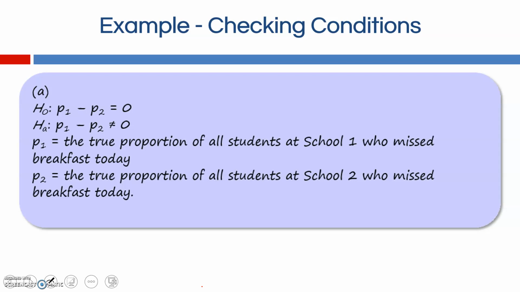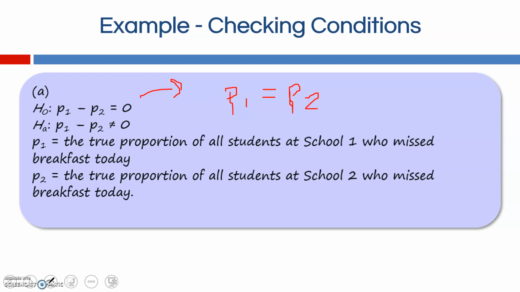All right, so for part 1, again, if you do not like this format, this is totally acceptable. P sub 1 is equal to P sub 2. There is no difference in the true proportion of students who missed breakfast in those 2 schools. They're equal.